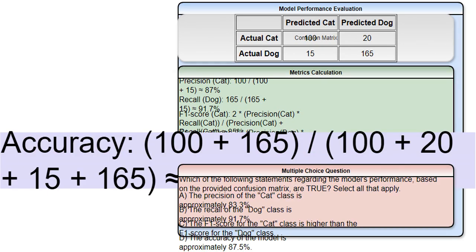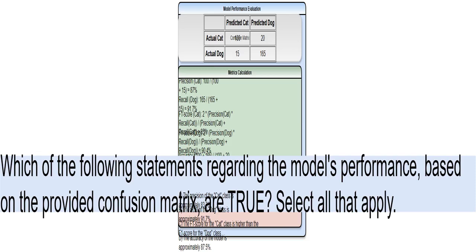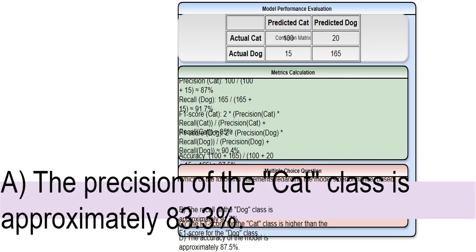This is a multiple-choice question testing your understanding of how to interpret the results from the confusion matrix and calculations. This statement is checking your understanding of precision calculations based on the confusion matrix values, comparing it with your calculated value from line 6. This statement tests if you correctly calculated recall for the dog class based on the confusion matrix, comparing it to your calculated value in line 7.